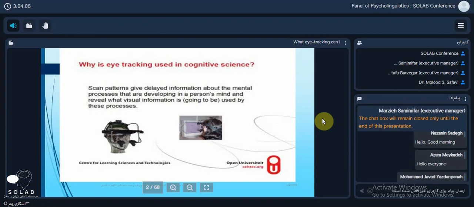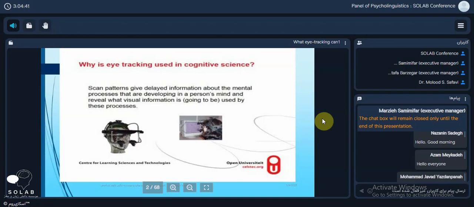This instrument is exactly suited for language; it is not an extraordinary type of science, and I can speak about this method in cognitive science. Why? Because I track eye movement, and language in reading is nothing except eye movement.